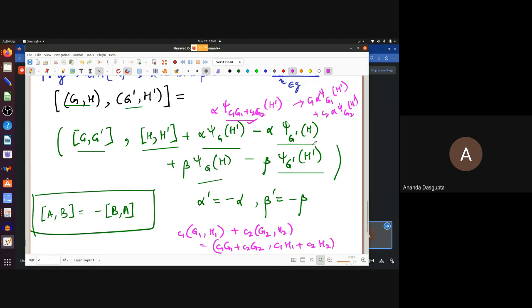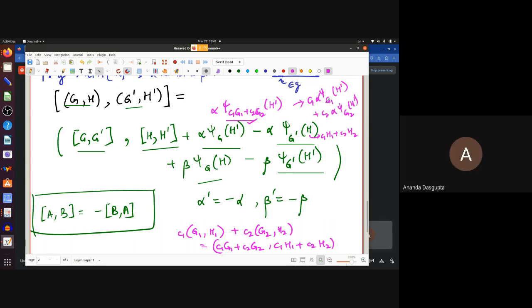What about this term? Here, G prime stays G prime. You're just replacing one of them, the brackets with a linear combination, remember? So G prime stays G prime, and H gets replaced by C1 H1 plus C2 H2. But will this give me a linear combination like C1 times alpha psi G prime H1 plus C2 times alpha psi G prime H2? Yes, it will, because this is a linear map.